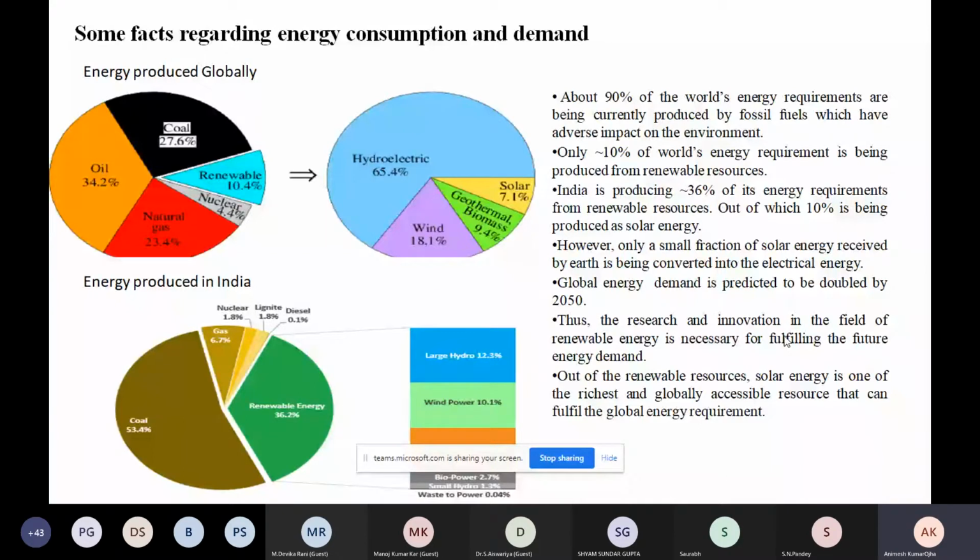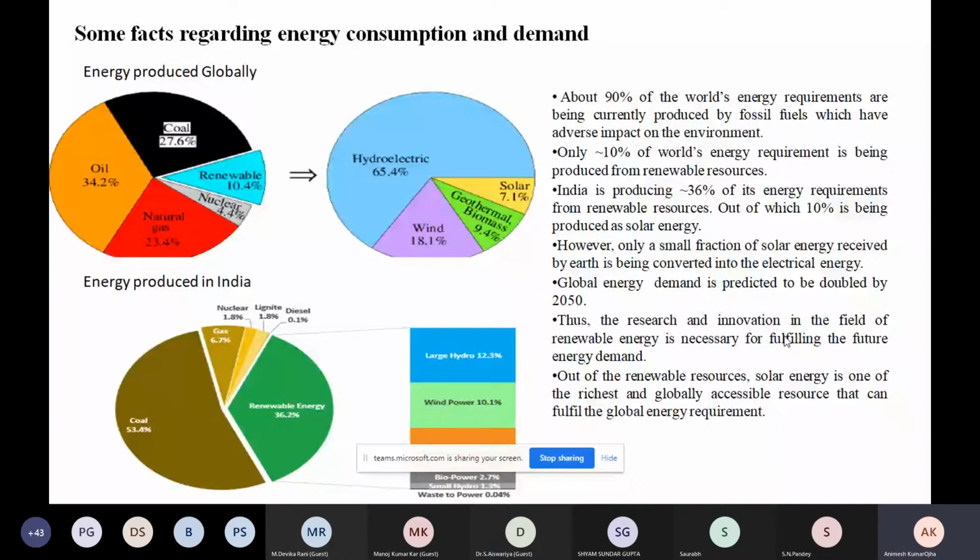India is producing 36% of energy from renewable sources, out of which 10% is from solar energy. And if you see the increased demand for energy globally, it is expected that by 2050 this demand is going to be doubled.